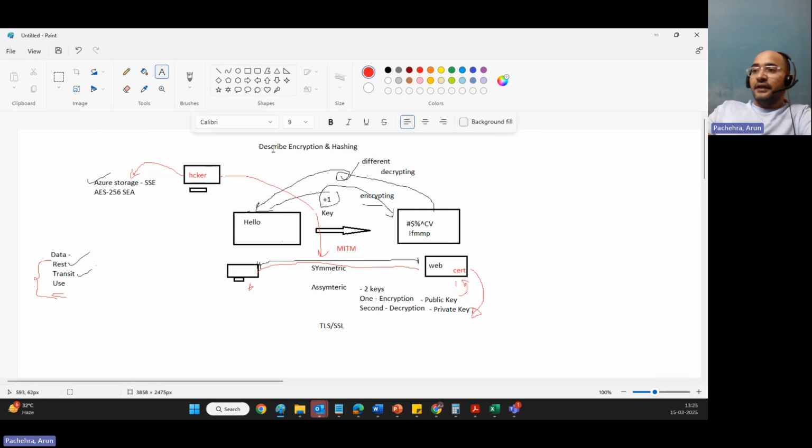Now, it is more than good information from the syllabus perspective: describe encryption. We know a lot more about it now. Now, what is hashing? Well, we have learned password hash, right? So, for the people who are new, hashing is a one-way process that converts data into a fixed length hash value.